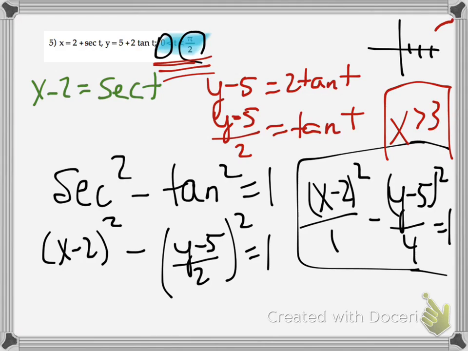All right, let's finish up number 6. Eliminate the parameter, write the resulting equation in standard form. You will notice that there's no inequality for t, so there are no restrictions on t. So at this point, we really just want to get an equation of a circle, and we're dealing with x equals 5 plus 4 cosine t, and y equals 2 plus 4 sine t. And at this point, guys, remember, you're just going to basically get the trig function by itself.